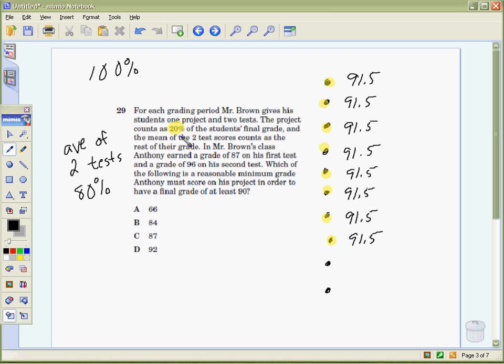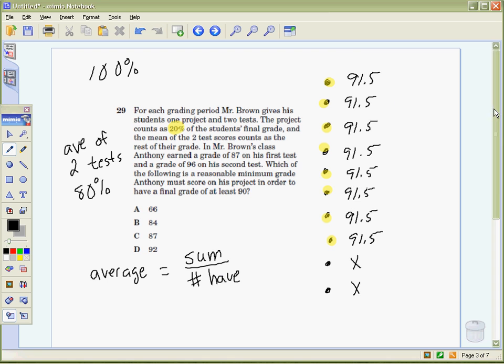And I need to know what Anthony needs to score on his project in order to have a final average of a 90%. Since I don't know what he has scored on the project yet, we'll just call that x. So recall that average is equal to the sum divided by the number you have.